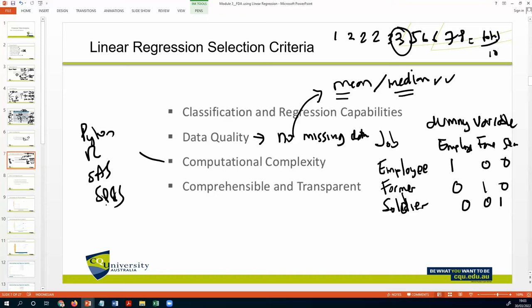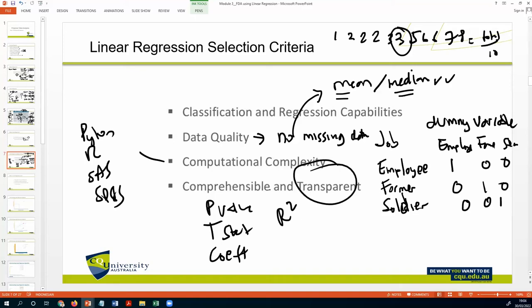There is explanation on the result: significance on the p-value, the t-statistic, the coefficient beta, and the r-square. So this is very transparent. You can interpret the model very well because the data is there. So that is the selection criteria.